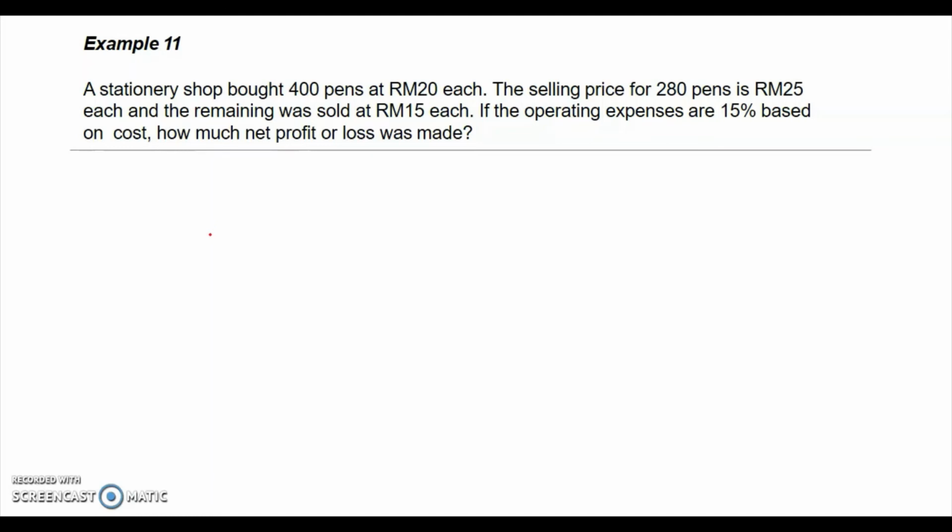Now you must extract the information given in the question. So this shop bought 400 pens at 20 ringgit each. So this is the cost price for one pen.